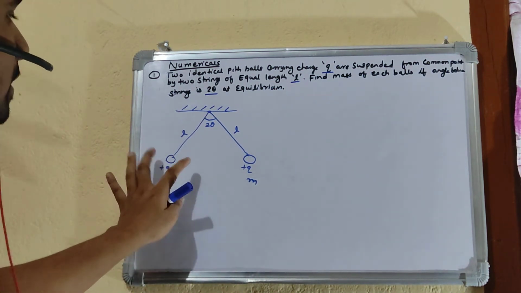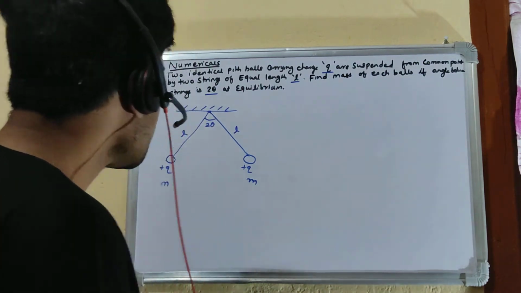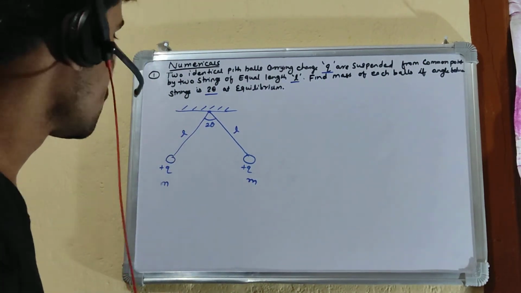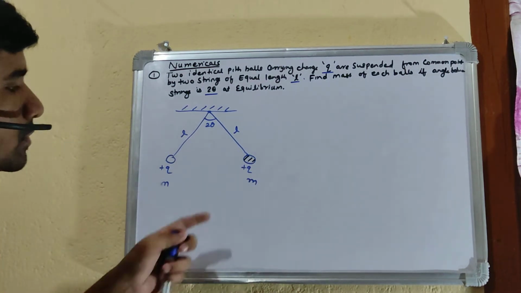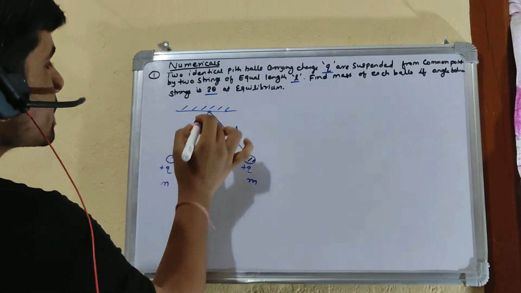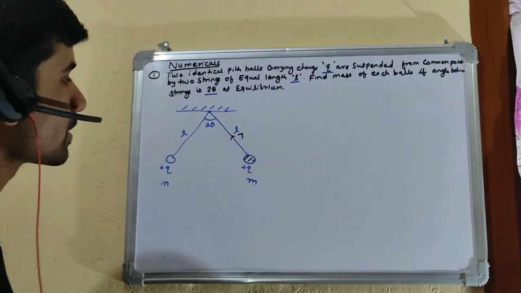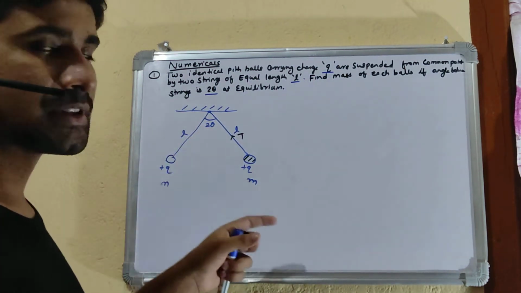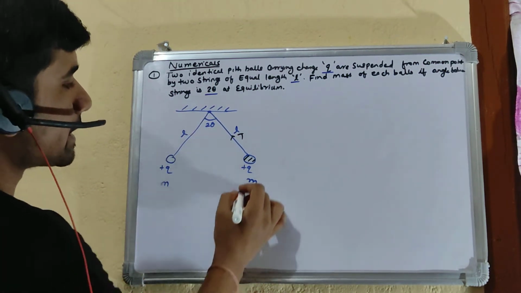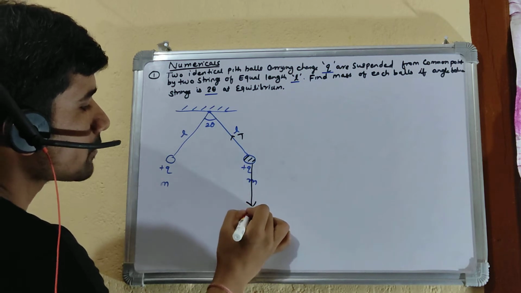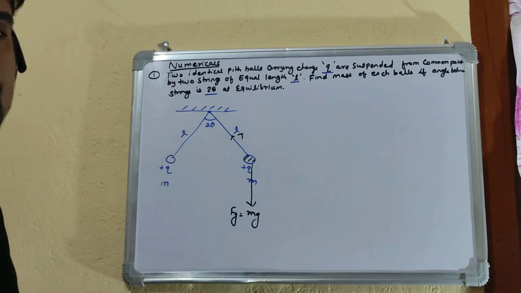So let's take only one charged body. What are the forces acting on it? Let's talk about this plus q. Since there is a string here, there will be a tension from this string. And obviously there will be a force of gravity from the earth, which is mg. Let's say this is Fg, force due to gravity, mg.